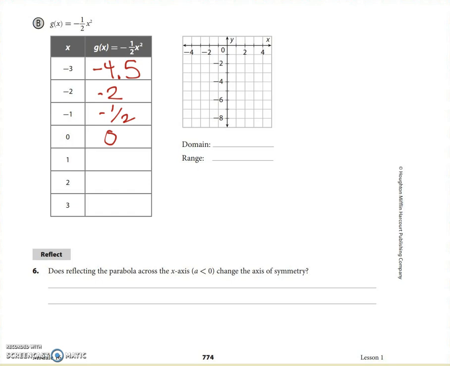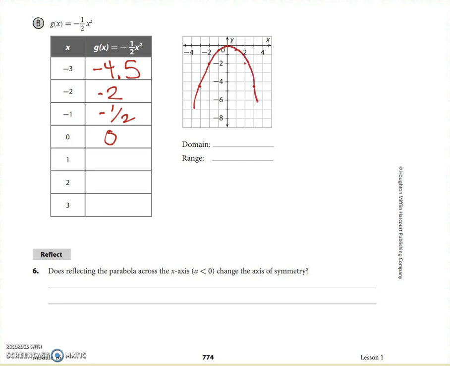Okay, so I could use those points that we get off of the table to plot them and create a graph of this function. And due to the symmetry of a parabola, we would also know that it would go through these points as well, and then I can draw a curve through these points.